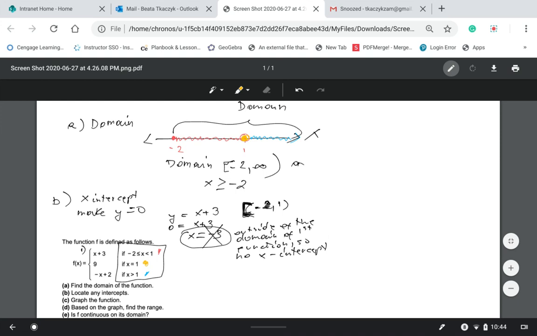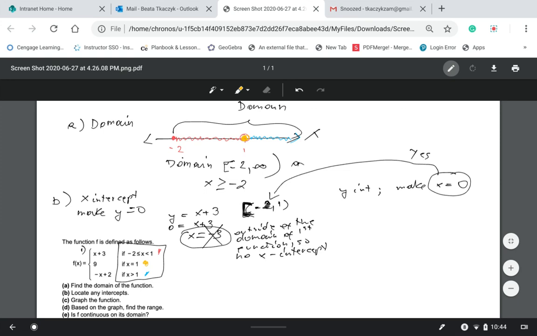Now, we're still going to work with the first function. Let's figure out if the first function has a y-intercept. A y-intercept means make x equal 0. I'm checking if x equal 0 belongs to the domain of the first function, which is yes.